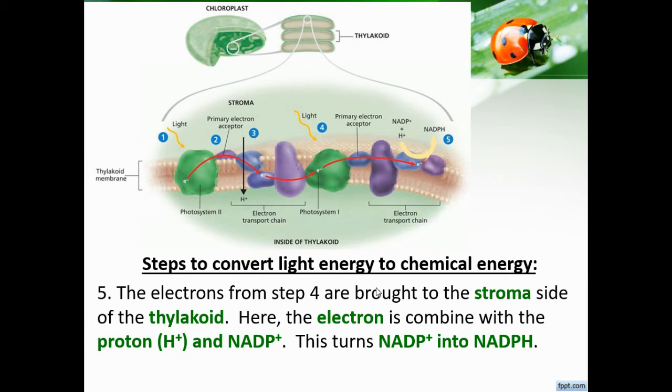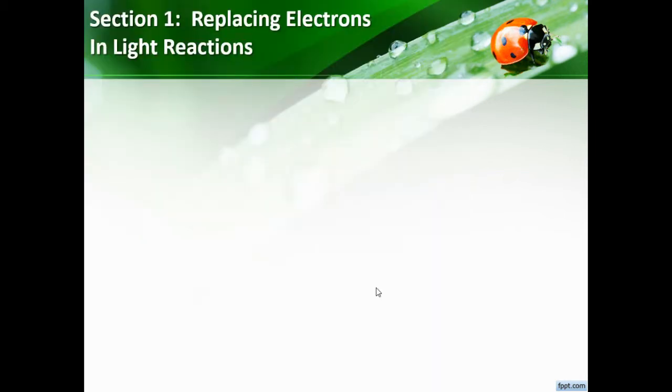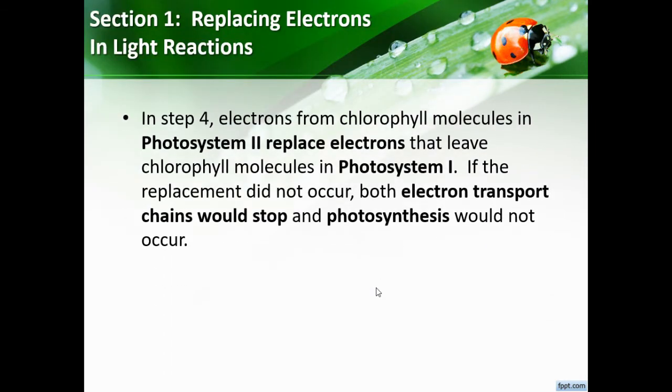The electrons from step 4 are brought to the stroma side of the thylakoid. Here, the electron is combined with a proton and NADP+, and this turns NADP+ into NADPH. In step 4, electrons from chlorophyll molecules in photosystem 2 are going to replace the electrons that leave the chlorophyll molecules in photosystem 1. If the replacement did not occur, the electron transport chain would stop and photosynthesis would not occur.